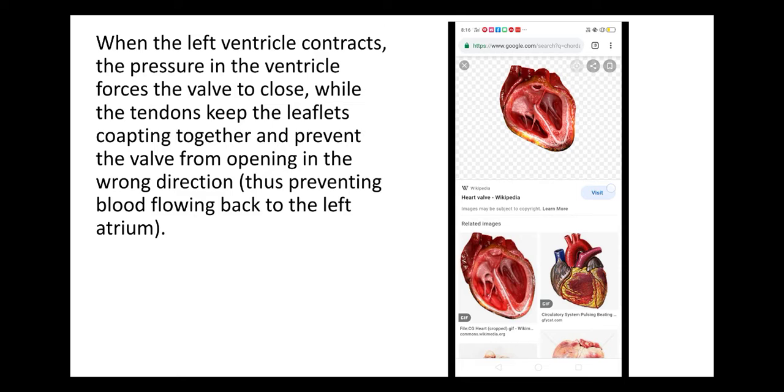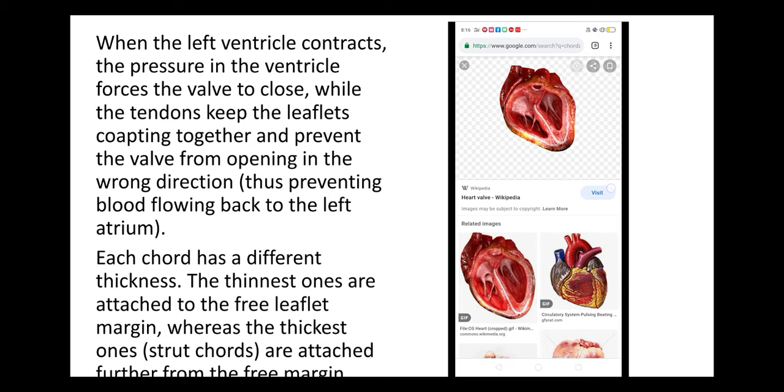If that happens, blood can flow back to the left atrium, and this is prevented by the chordae tendineae attaching to the papillary muscles.